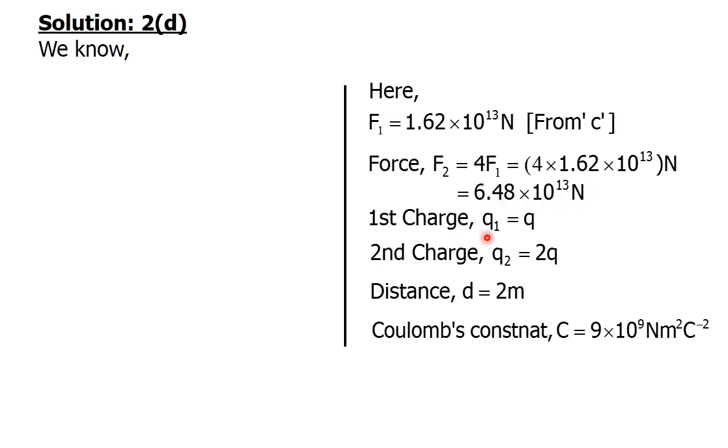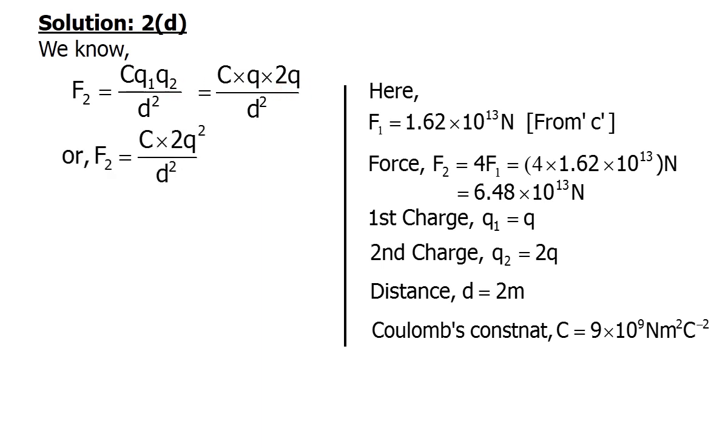And the first charge is Q1 and the value of Q1 is Q. Second charge Q2 is 2Q, and the distance between two charges is given 2 meter. So if we put the value in the formula F equal to C Q1 Q2 by d square, then in place of Q1 we can write Q, in place of Q2 we can write 2Q, and after calculation we can write C into 2Q square by d square.